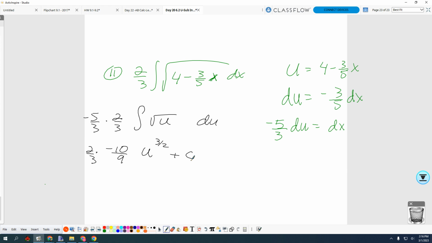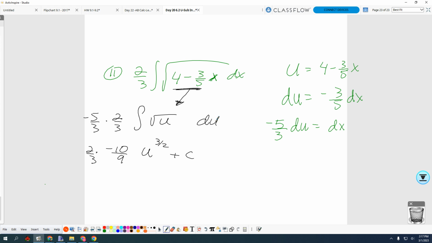So you might just be reading it off by the way that you have it written on your paper. The first thing I do is translate the big thing, square root of u. That 2/3 stays around because it was there in the first place.